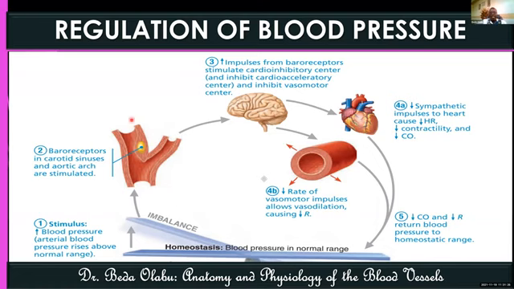So let's imagine a scenario where the blood pressure has gone up for whatever reason. If the blood pressure goes up, the receptors which are on the walls of arteries will detect the rise in blood pressure. So they could be found on the walls of the internal carotid artery. We call it the carotid sinus.